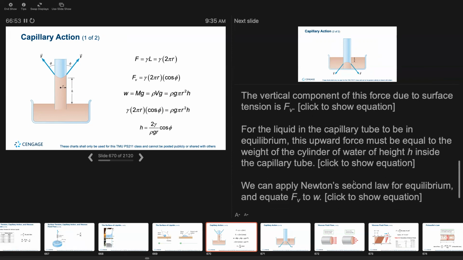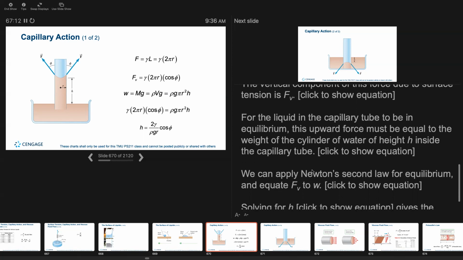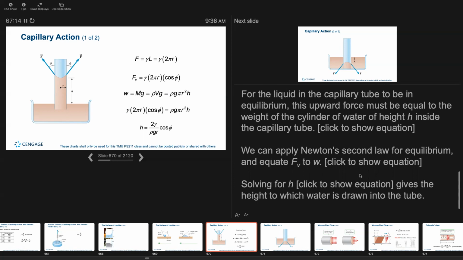The vertical component of this force due to the surface tension is F sub v. For the liquid in the capillary tube to be in equilibrium, this upward force must be equal to the weight of the cylinder of water of height h inside the capillary tube. We can apply Newton's second law for equilibrium and equate F sub v to W. Solving for h gives the height to which the water is drawn into the tube.